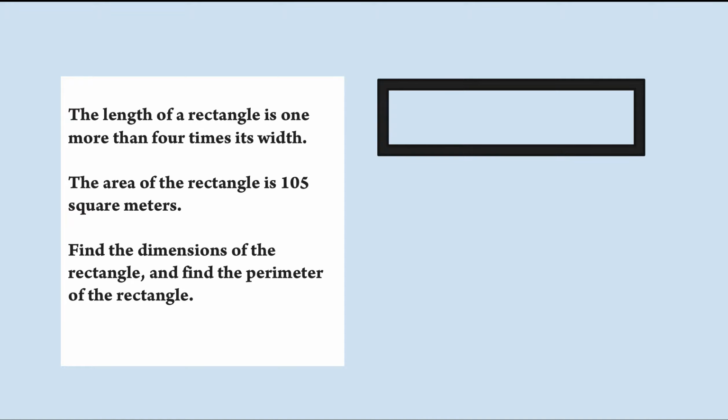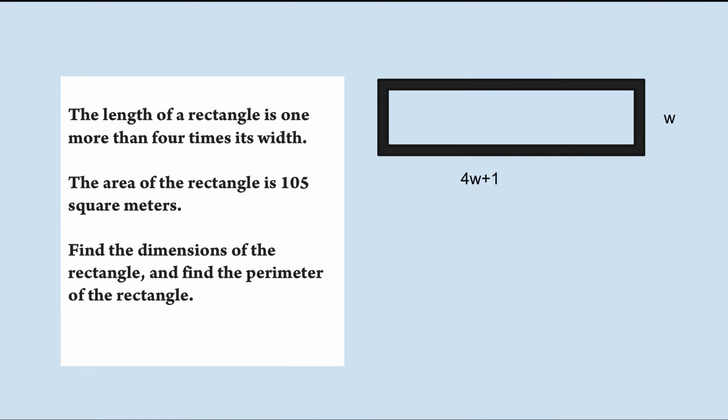We know that the length of the rectangle is 1 more than 4 times its width. So if we declare the vertical edge to be the width, W, then the length, the horizontal edge in this case, will be 4 times W plus 1 for 1 more than 4 times its width.